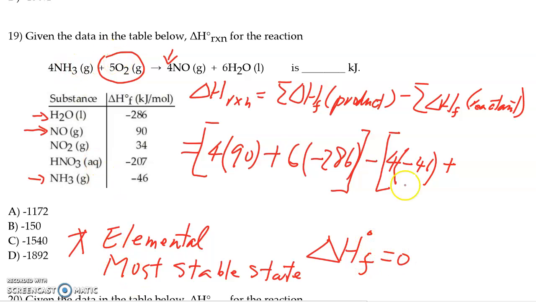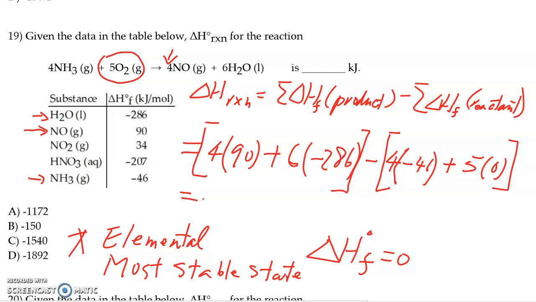Okay, so over here we get 0, so it's 5 times 0. All right, I'm going to put everything in my calculator. So 4 times 90 plus 6 times negative 286, minus parentheses 4 times negative 46 plus 0.